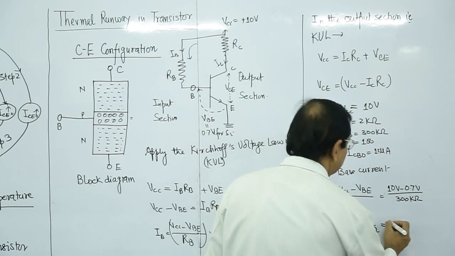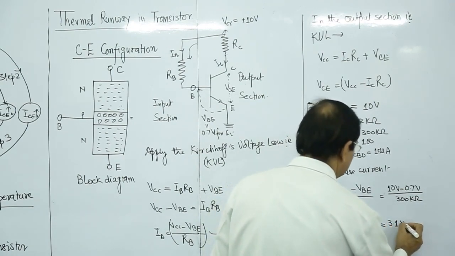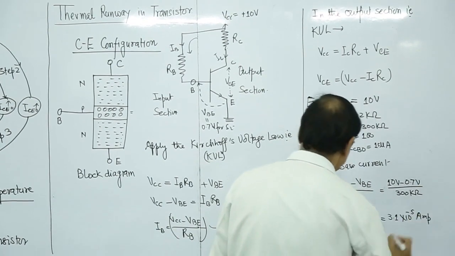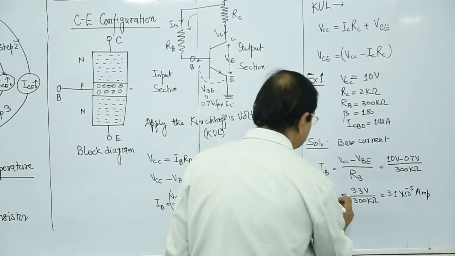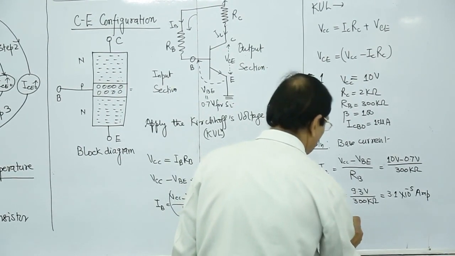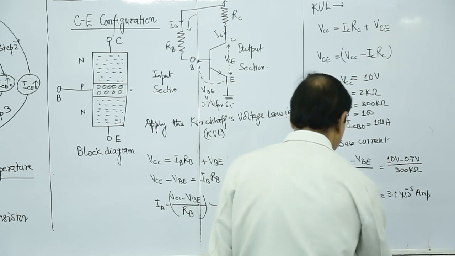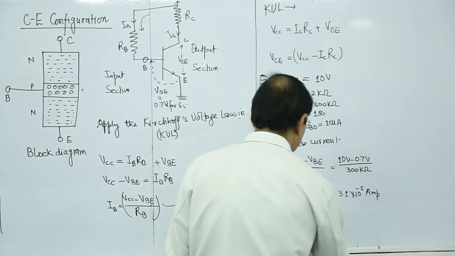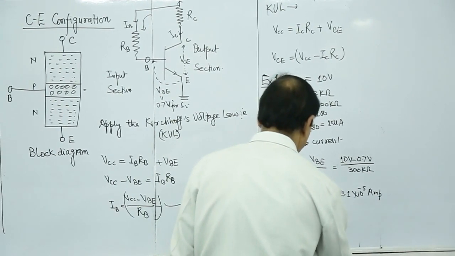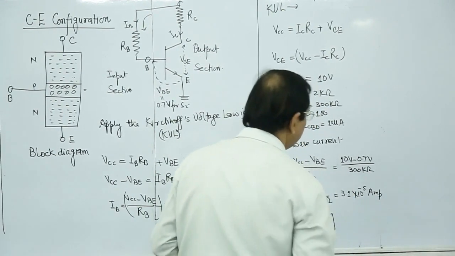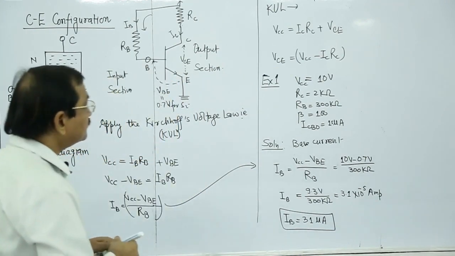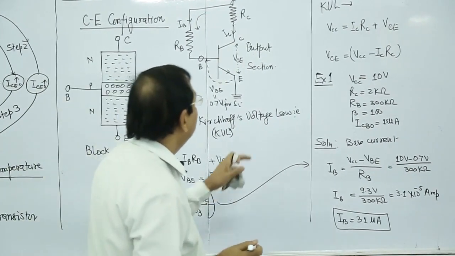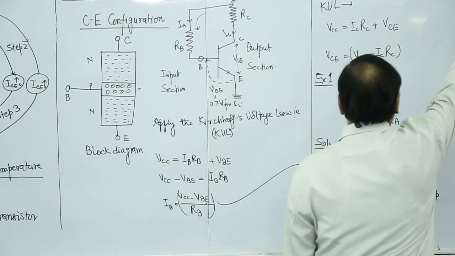This value is 3.1 into 10 to the power minus 5 ampere. So IB is equal to 31 microampere.